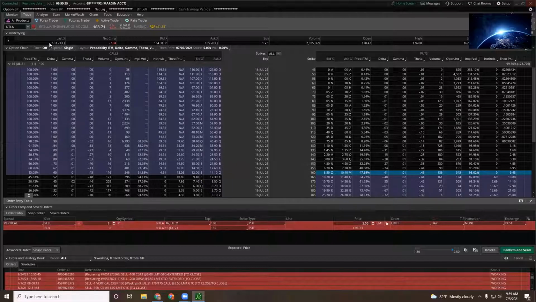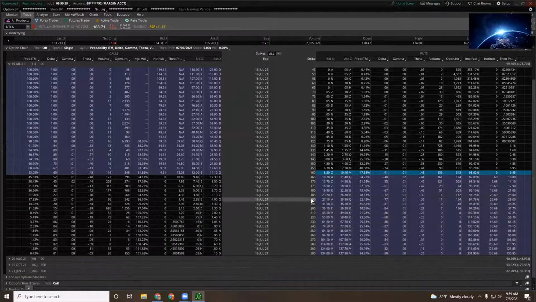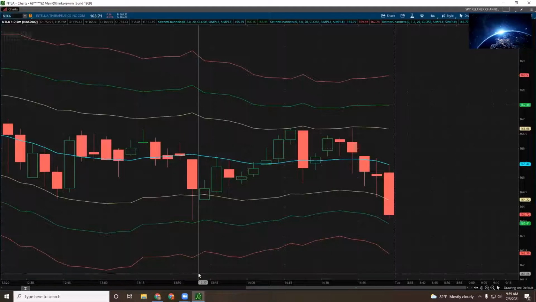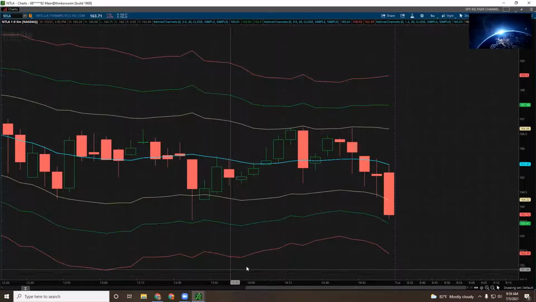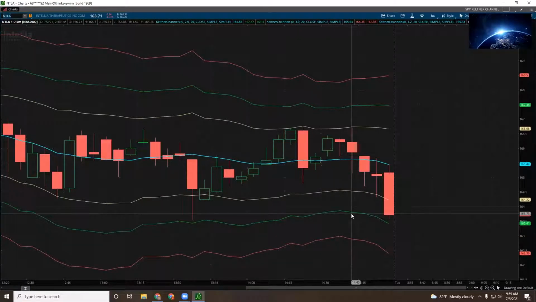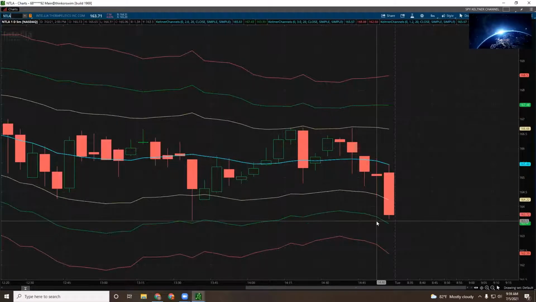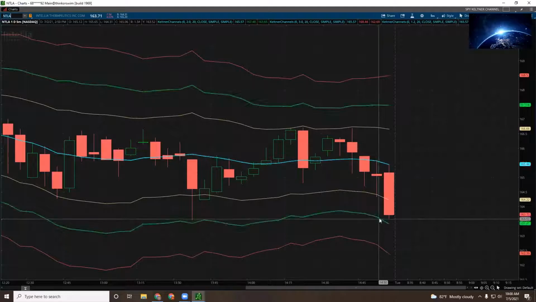Another thing to do for a bullish trade is not a bull put spread, but a call spread, a call debit spread. A call debit spread is the same strategy. You are being bullish, but you are trying to change your assumption. So let's look at NTLA within the channel right now. For the bull put spread, which is a credit spread, we said NTLA will not fall.